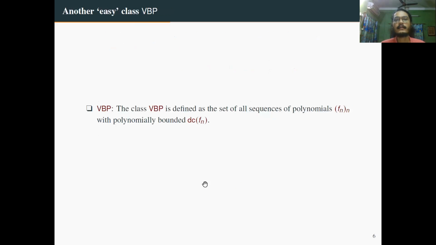So once you have defined this measure, determinant complexity, you can define a class VVP like you defined VP. And what is VVP? It has all the sequences of polynomials fn which have polynomially bounded determinant complexity. Since the determinant has small size circuits, it is easy to show that VVP is inside VP, but it is not clear whether they are separated or whether they are equal.